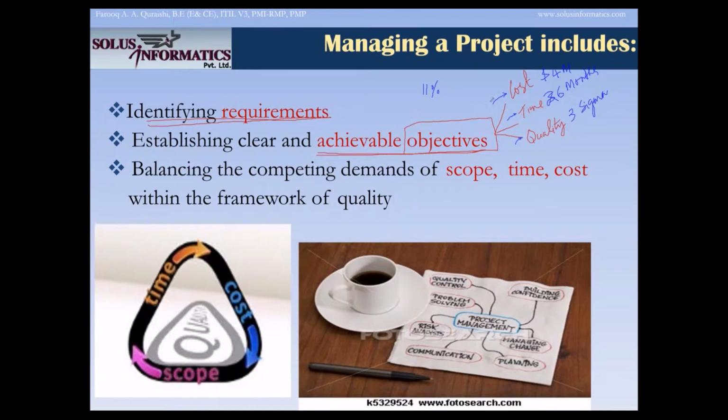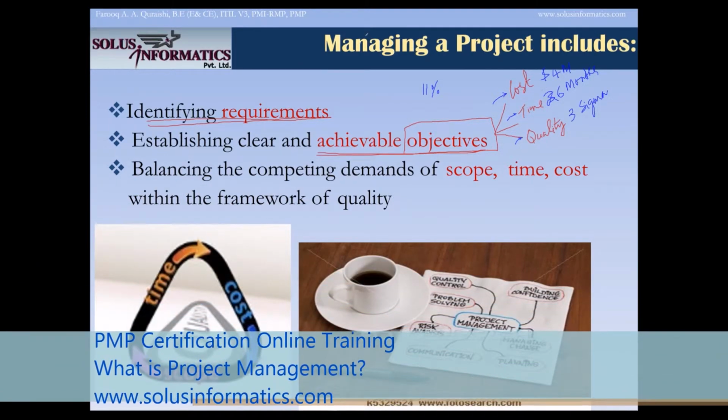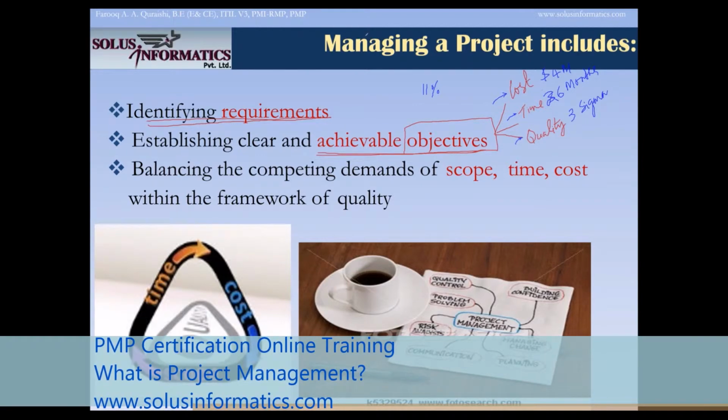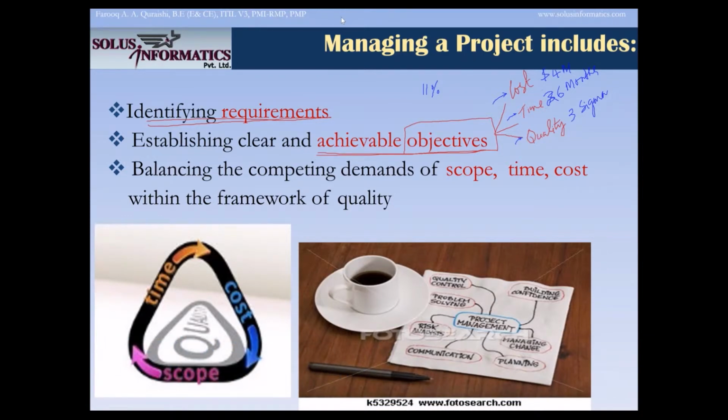But you know what? Around 11% of projects are successful, but most of the projects are challenged. A challenged project is one where you deliver the scope of the project, but you don't meet one or more of the project objectives. You delivered the flyover, you delivered the scope, but it happened at $4.9 million.